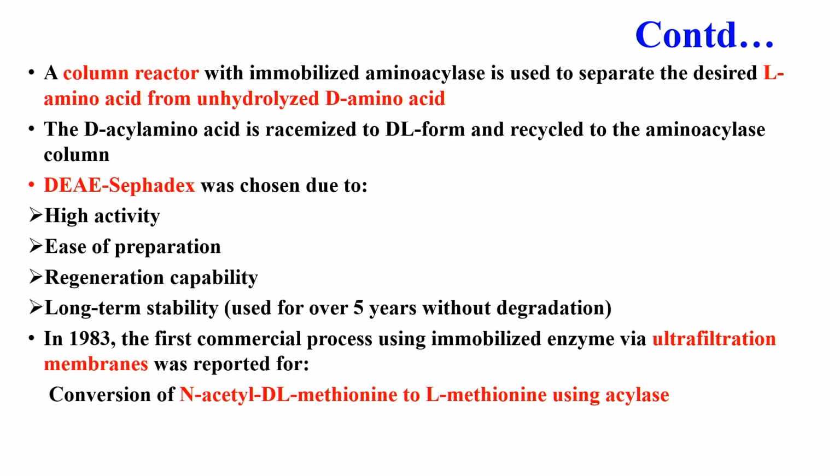So, for this a column reactor with immobilized aminoacylase is used to separate the desired L-amino acid from unhydrolyzed D-amino acids. For this, your substrate, the D-acyl amino acid, is racemized to the DL form and recycled to the aminoacylase column.